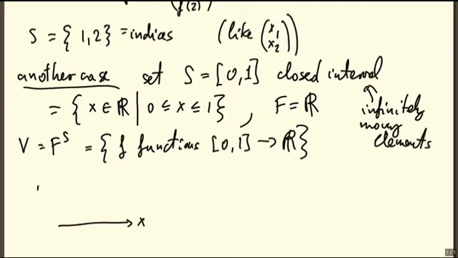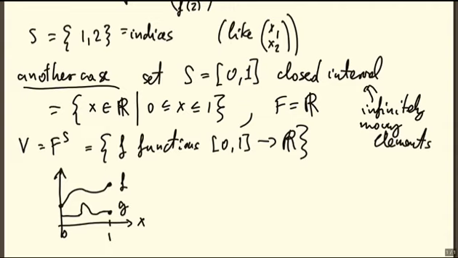If you try to show some vectors in this set, so we have the [0, 1] interval, and then we're supposed to have some kind of functions. So this could be one function, f, this could be another function, like g.